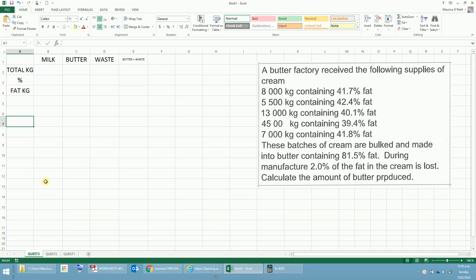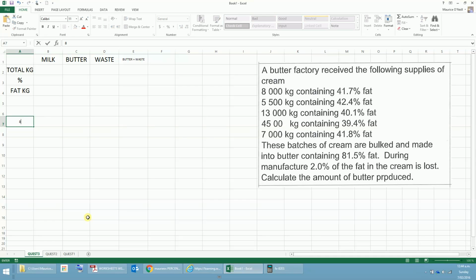So what I'm going to do first in my plan of action is to get together all of the batches coming in and work out the fat content of those, and then that will give us a total weight and a total fat content. Then using that we'll just go back to what we did before, standard calculation.